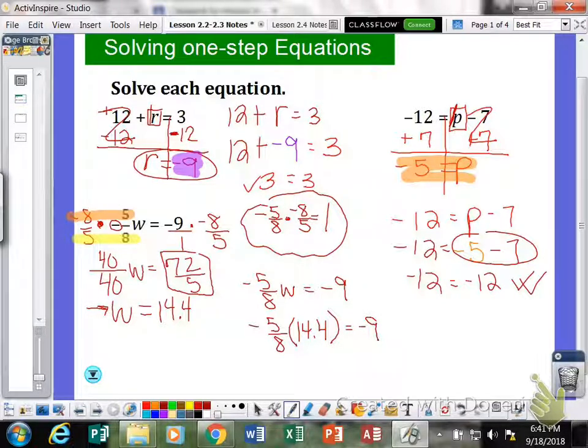And when I check it in my calculator, and I will show you in class how to make a fraction on your calculator since you have different calculators, what we do find out is that negative 5/8 times the 14.4 will give us negative 9. So negative 9 does equal negative 9. Again, if you have any questions, make sure you ask.